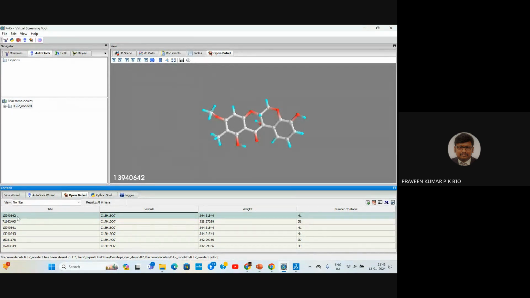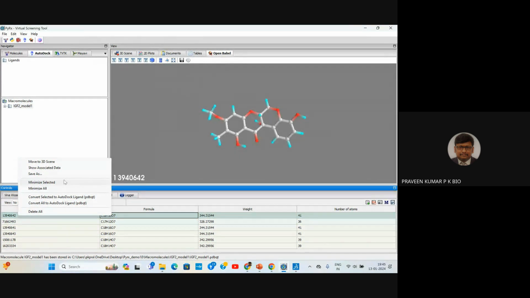So now what I'm going to do here is first click only one and right click. You get minimize selected. So what I'm going to do here is initially calculate energy by energy minimization methods. In molecular modeling, we have one concept called energy minimization. We generally use steepest descent or conjugate gradient, or a combination. Okay.